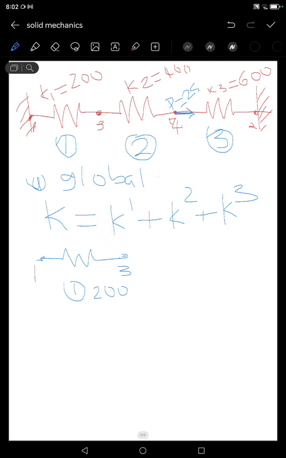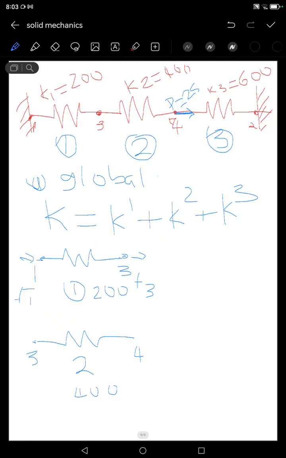And then element 2, remember we have the forces. Force is moving to the right, so we have the forces F1 and then F3. Okay, like this. And then for element 2, we're going to have 3 and 4, because element 2 is between 3 and 4, which is 400.